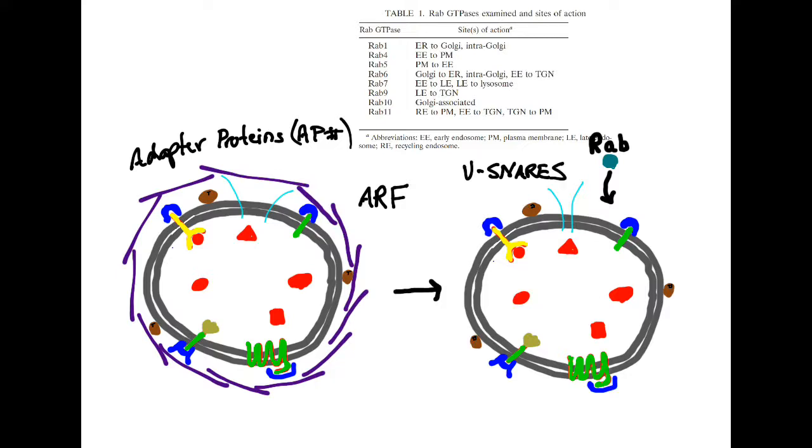They are going to be part of the mechanism that allows for the fusion, but also one of the components of the specificity of the fusion, such that V snares have got to be paired with the appropriate target snares, so-called T snares, in order for the fusion reaction to be allowed to proceed.